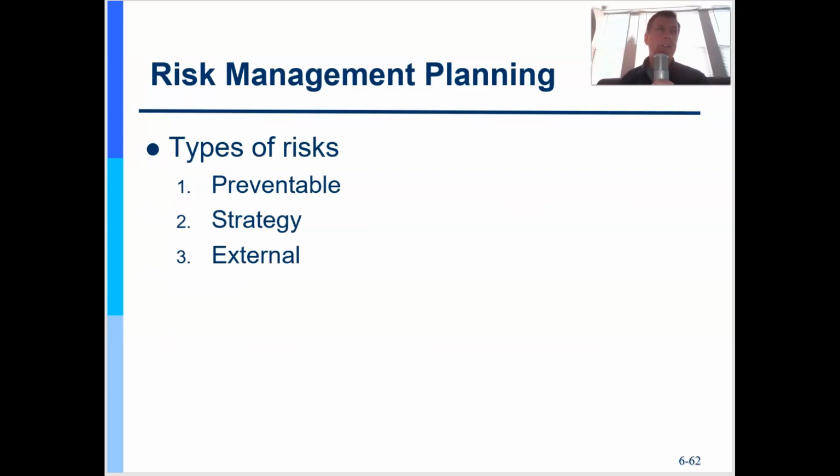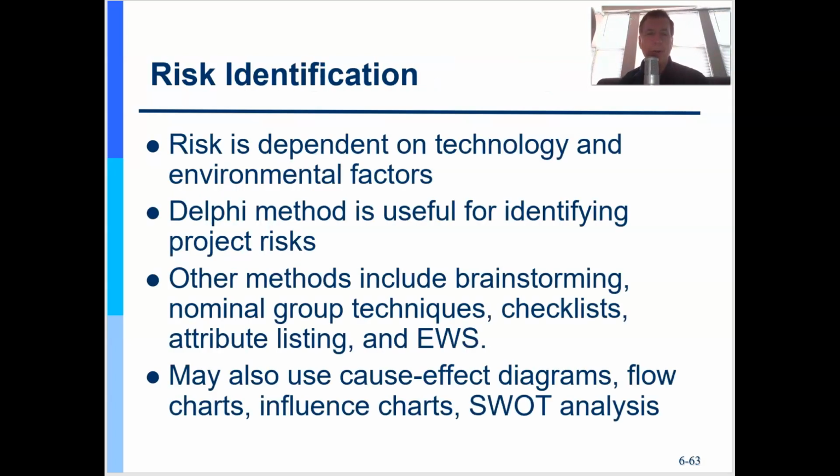Some risks, this is just three. You could have other categories: preventable, strategic, and external type risks, right? So you want to clarify your definitions of risk, and then you want to go out and identify all risks. Now, two points: one, by process you're identifying all risks, but by philosophy, even though you've identified all risks up front, you are always on the lookout for additional risks, because they're there, but have we spotted them?